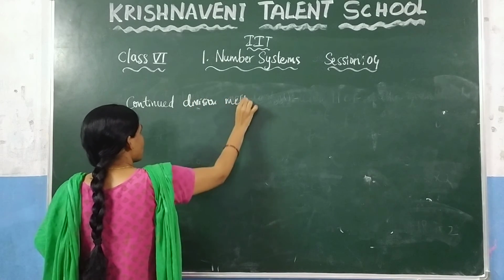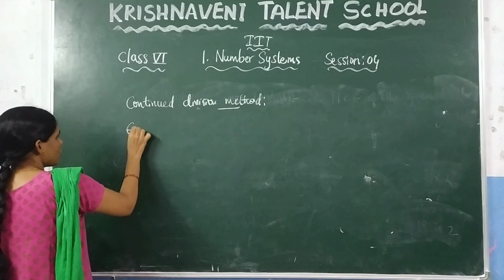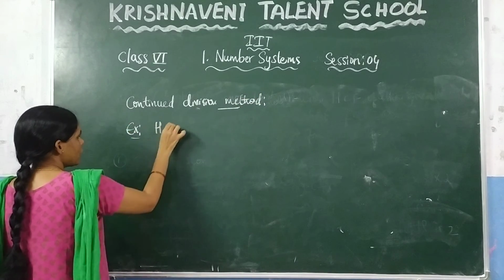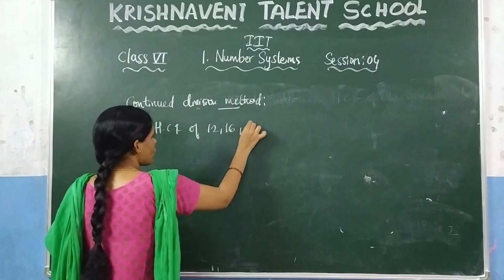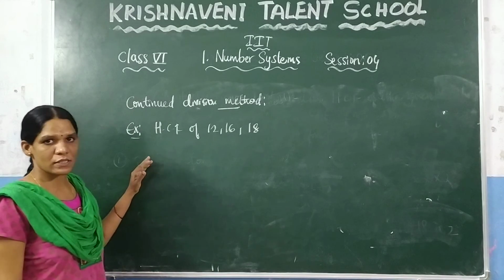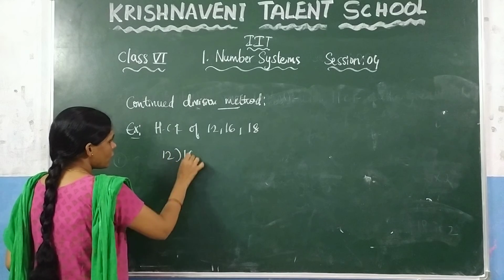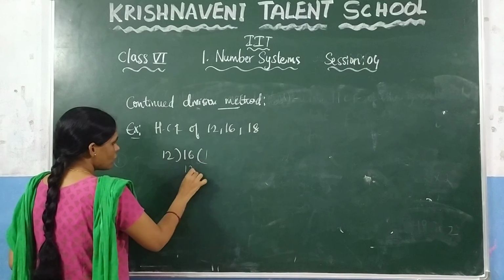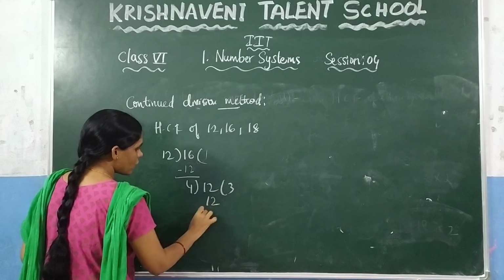So how do you solve it by using the continued division method? Consider the same example, let us find the HCF of 12, 16 and 18. Before, we have done the same thing by using the prime factorization method and we got the HCF as 2. Now write in this condition. First we need to find the HCF of the first two. Since the remainder is not 0, you need to divide again.